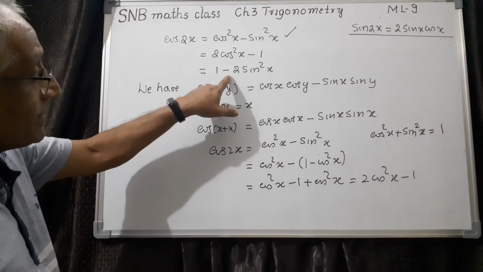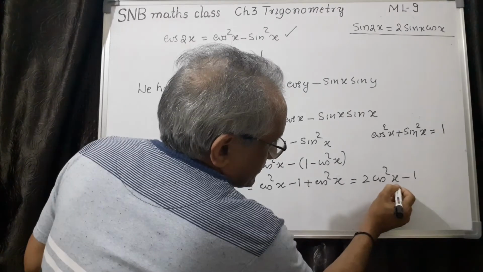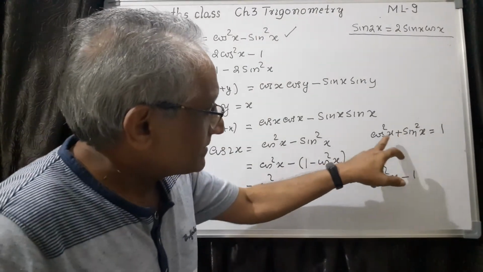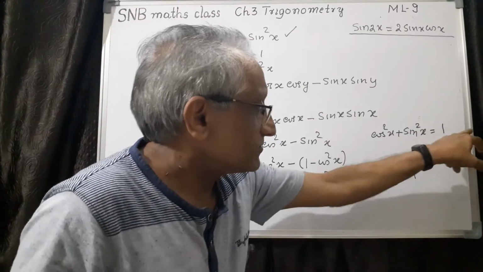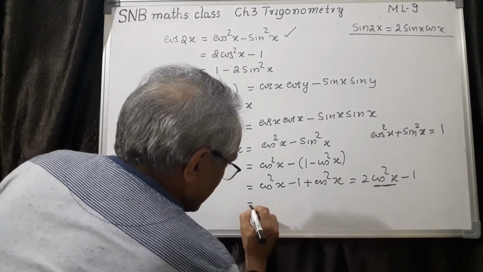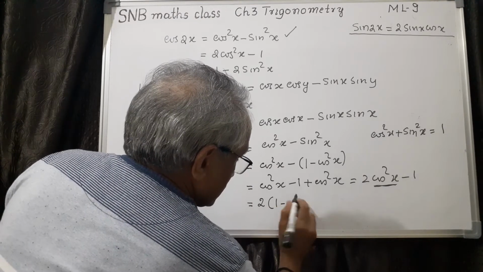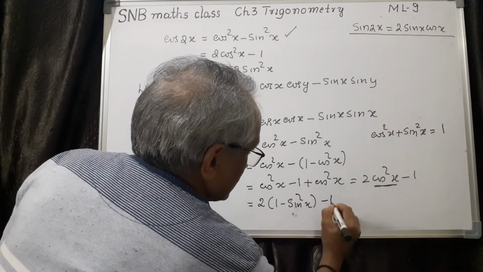Now how to establish or how to prove this one? What you have to do is the same thing. I don't want cos square x. What is cos square x? Cos square x is the same as 1 minus sin square x. This you have to take. Therefore, I can write here 2 into 1 minus sin square x minus 1.